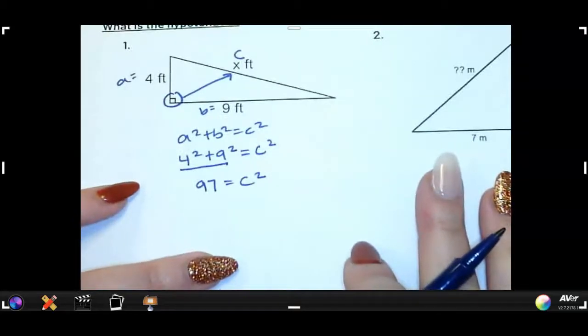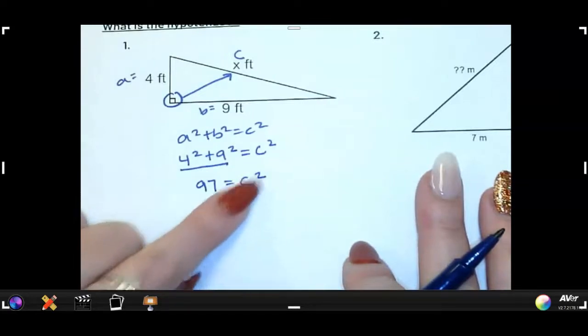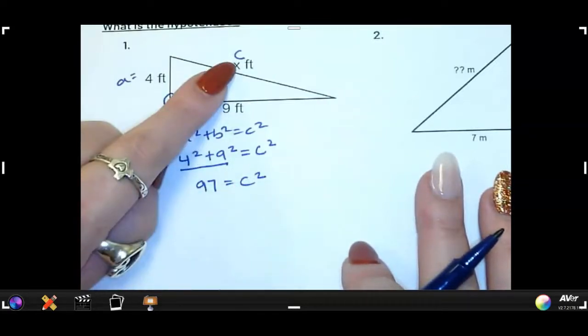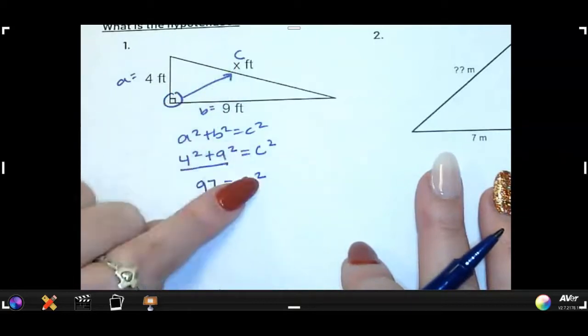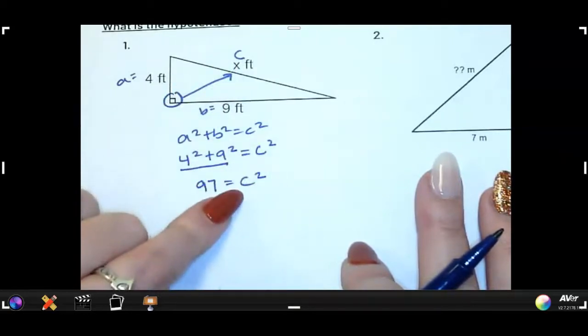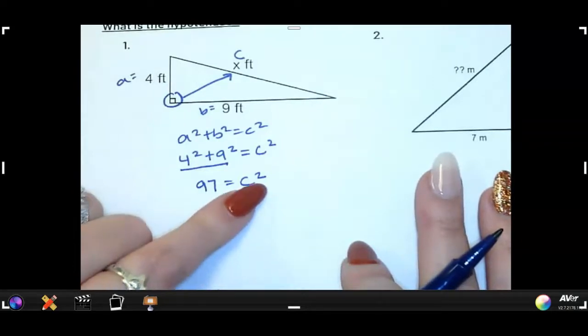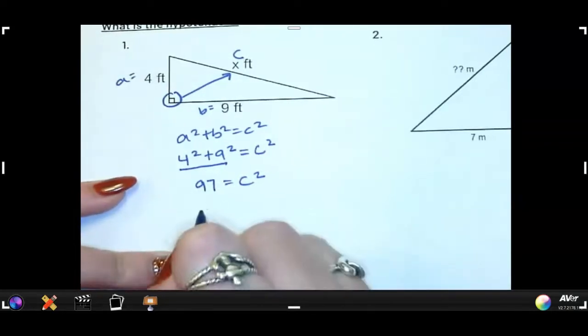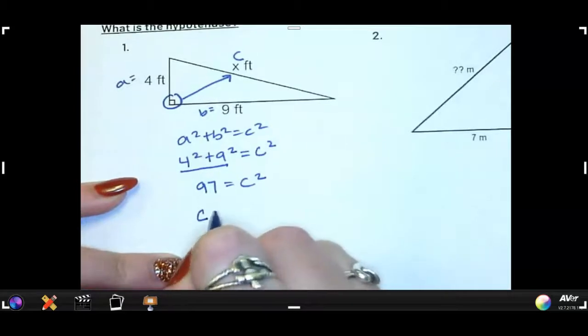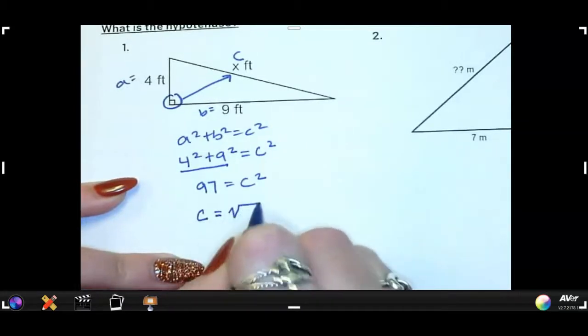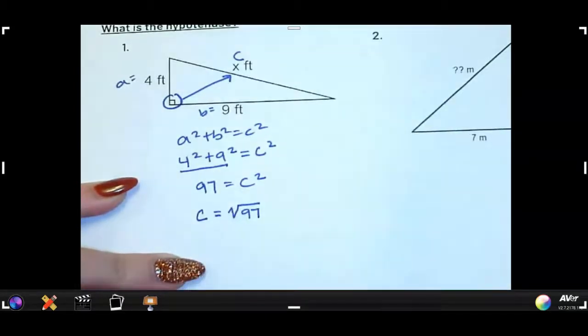Now, our last step here, just like we were solving equations, we were always doing the opposite. I don't need C squared, I just need C. Okay, so the opposite of squaring a number is taking the square root of a number. So if C squared is 97, then C by itself has to equal the square root of 97.